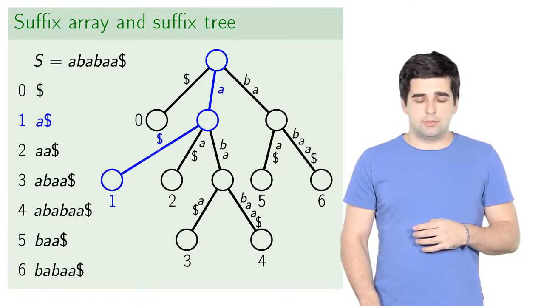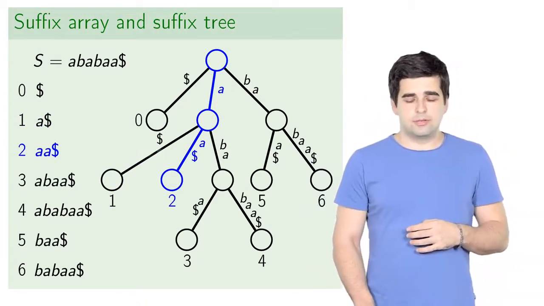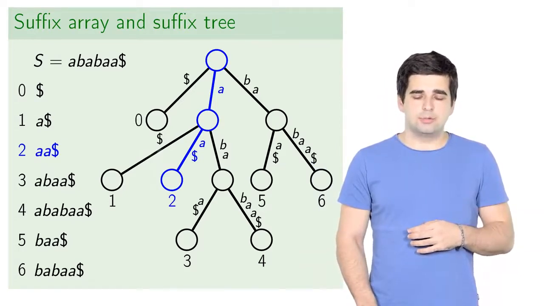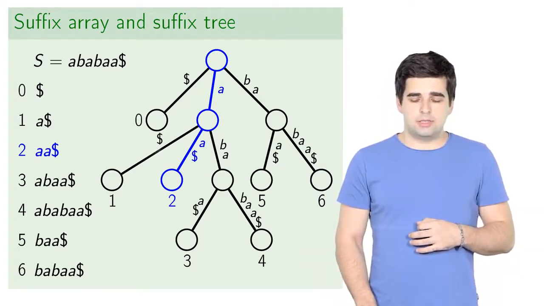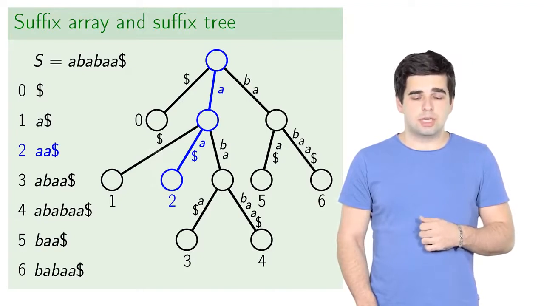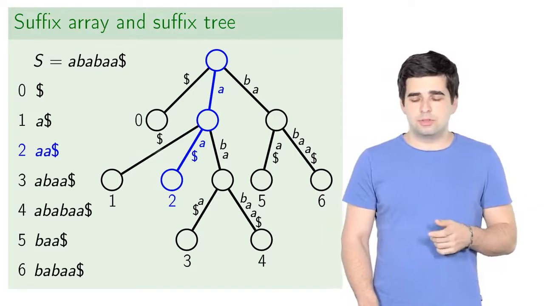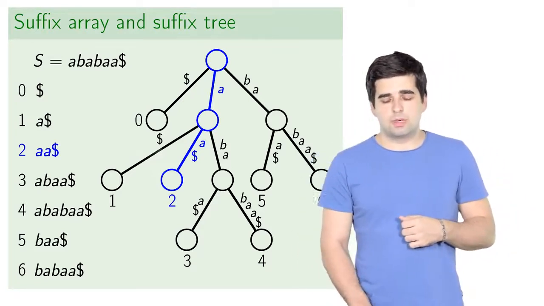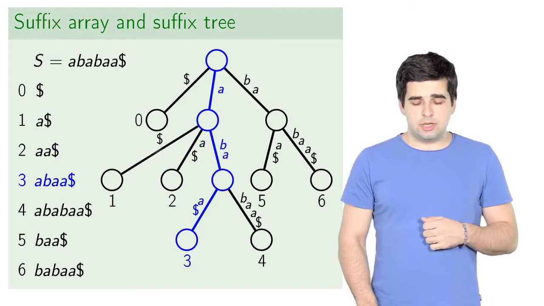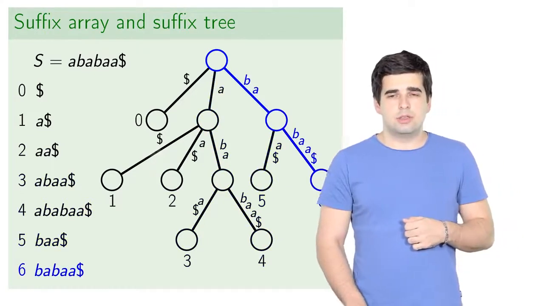And then if we go to the next element, we get a path from the root vertex to the leaf number 2. And note that the indices of the leaves and the indices of the suffixes are just in the sorted order. So those are not positions in the string S, those are numbers of the suffixes in the increasing order, from 0 to number of the suffixes minus 1. So each of the elements of the suffix array corresponds to some path from root to leaf in the suffix tree. That is what we know.